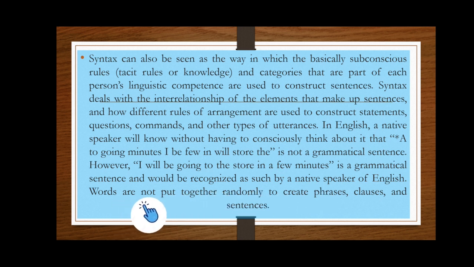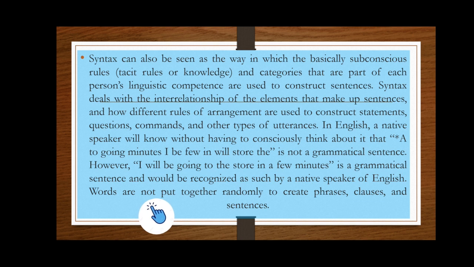Words are not put together randomly to create phrases, clauses, and sentences. It means that if we arrange words, they must be properly arranged; there must be an order for arranging these words.